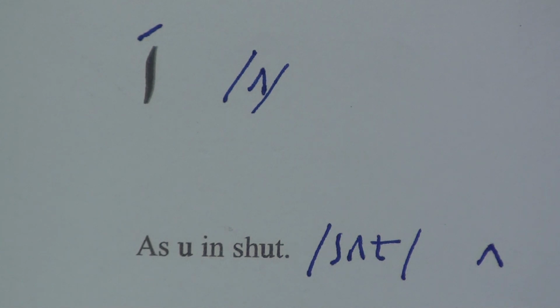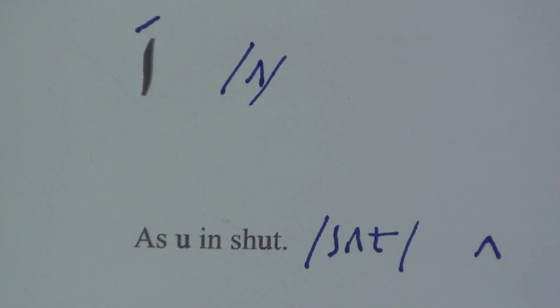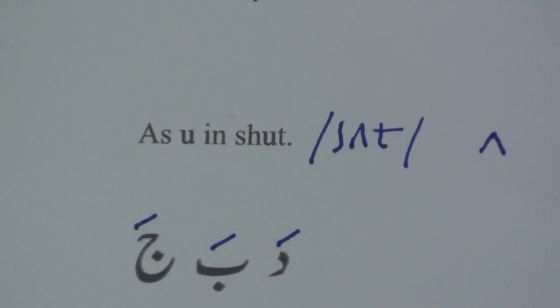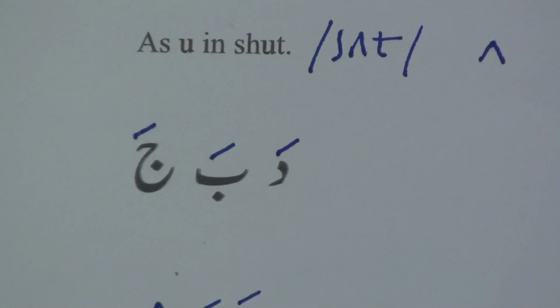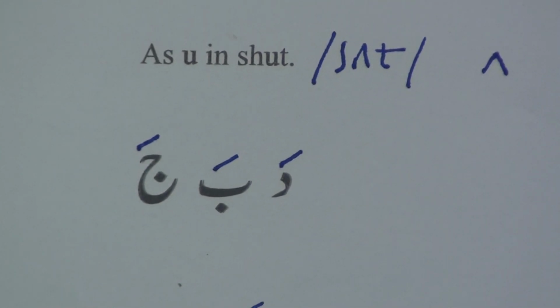And when zabar is over some other letters, how do they sound? When zabar is over dal, it is pronounced as da. When it is over be, it is pronounced as ba. When it is over jeen, it is pronounced as ja.